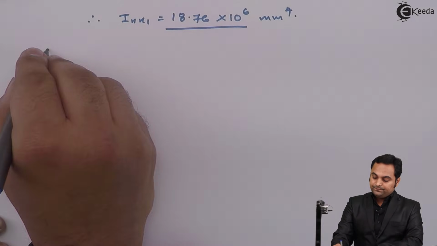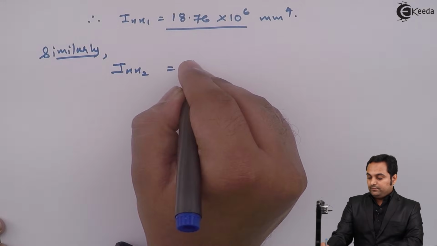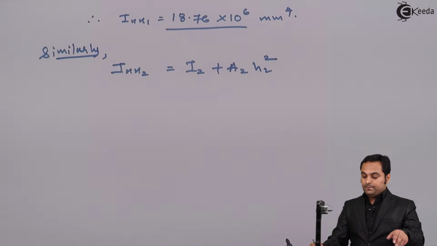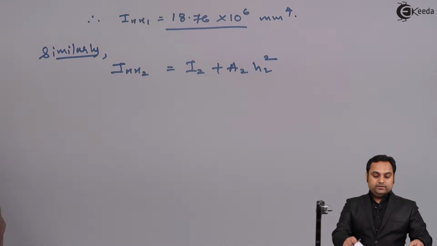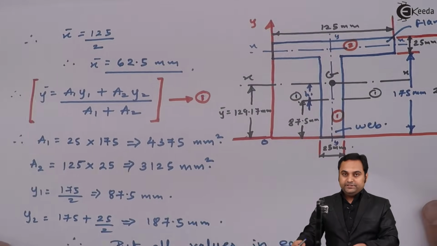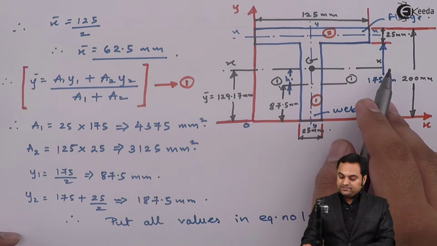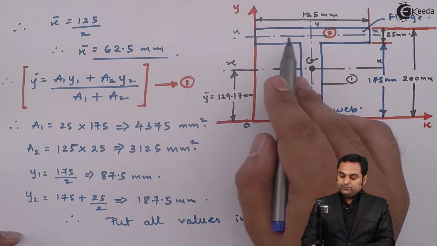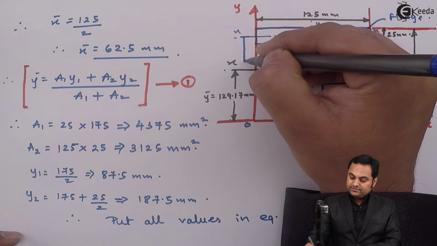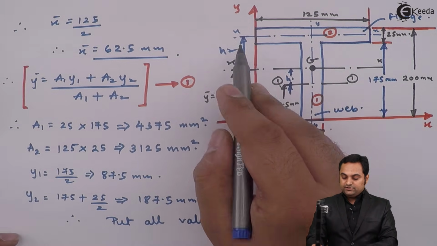Now similarly, I'll calculate Ixx2. That will be I2 plus area 2 into h2 square. Now if we look into the problem, the x-axis for the complete T section is passing at xx, and the x-axis for section 2 is passing here. So there is some distance between the two axes, and this distance is h2. So here we need to know what is this h2.